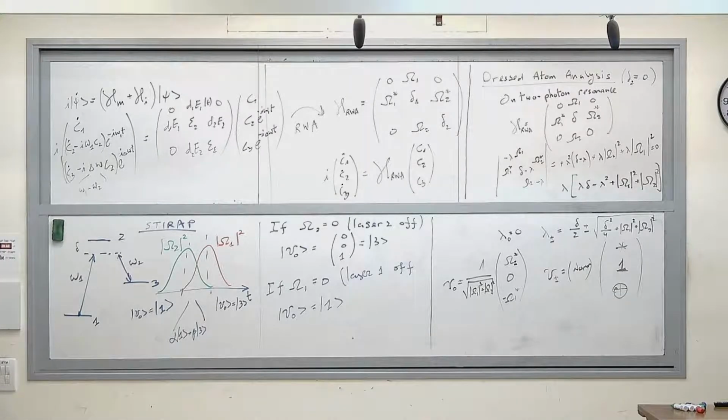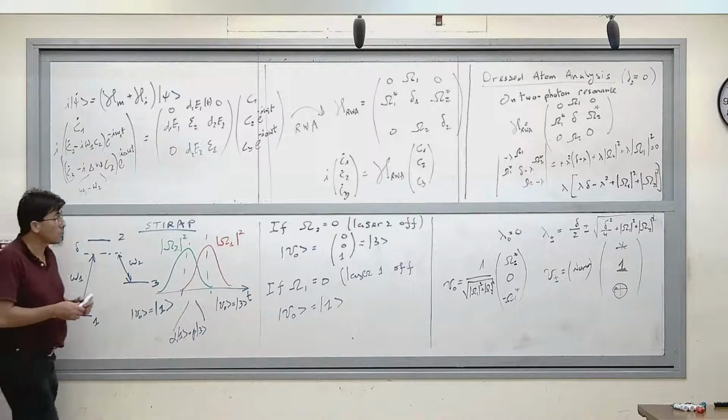Then, okay. We'll talk a little bit more about more details of the three-level system here. If there was one thing that I did want to do here, it is to draw.